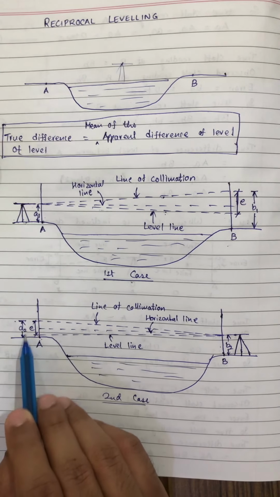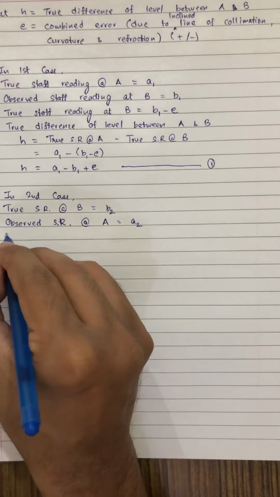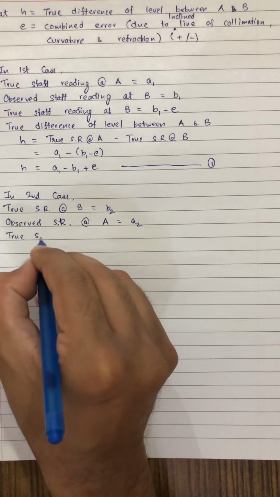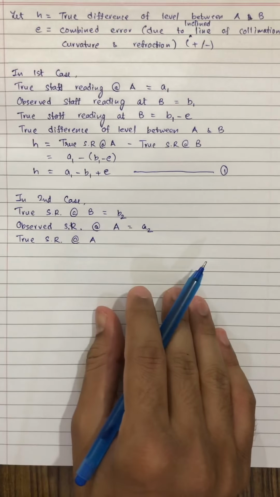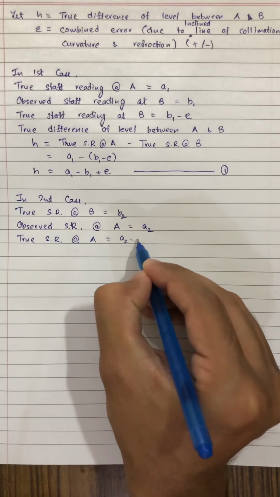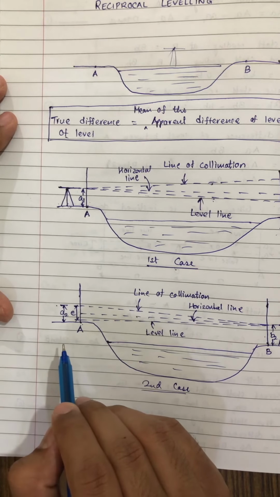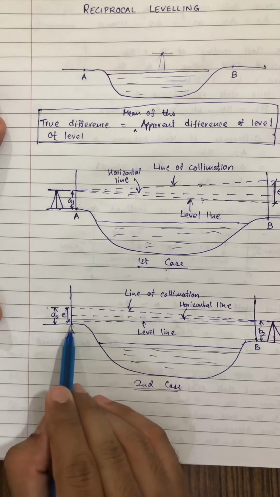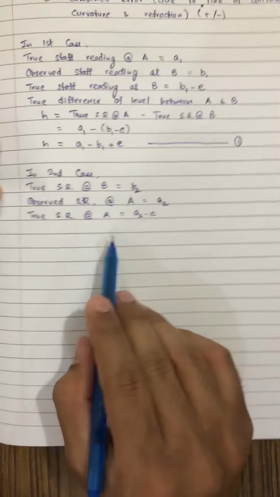Hence, what will be the true staff reading at point A? It will be equal to A2 minus error E. This A2 minus E will give the true staff reading at the leveling staff at point A.